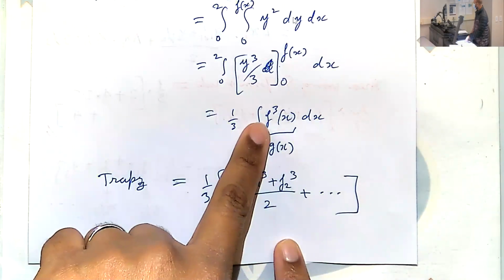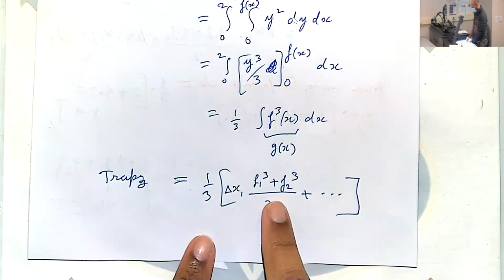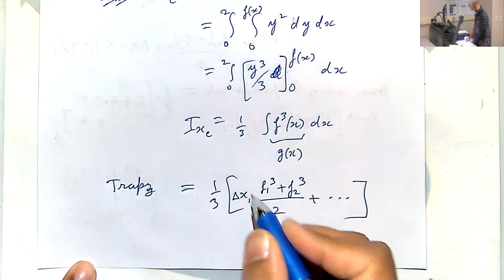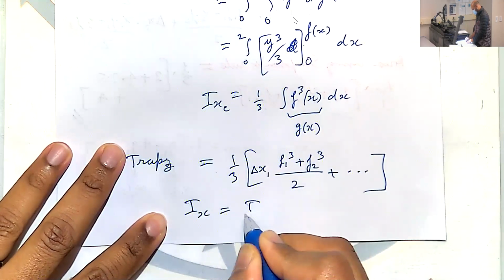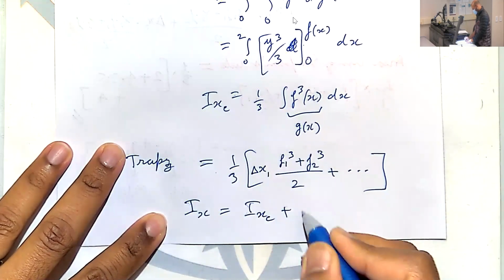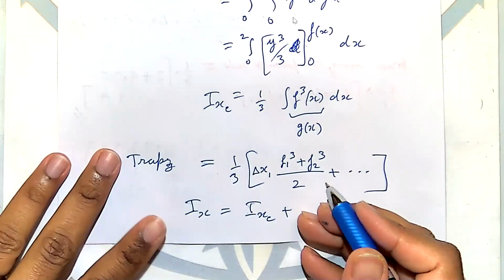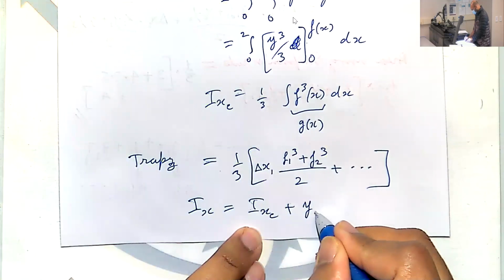Oh, yeah, IX is much simpler. You don't have to do anything. IX is IXC plus YC times H squared times area.